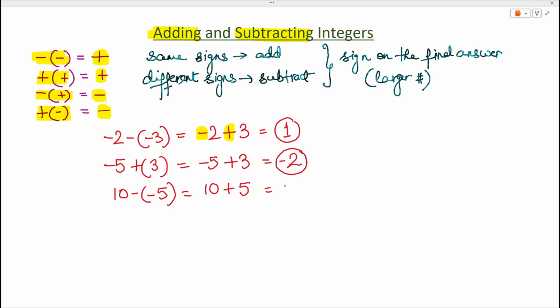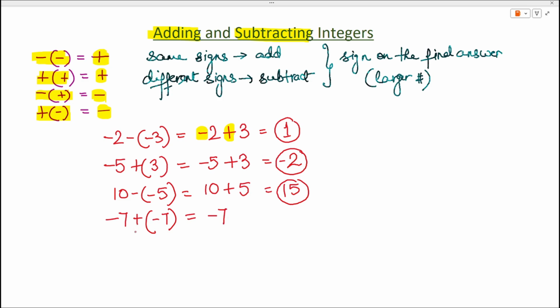So 10 plus 5 is 15, and the sign is the one which is on the larger number. 10 is positive, so we'll just keep the answer positive. So it's +15.